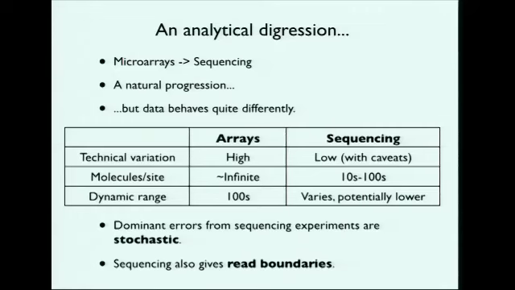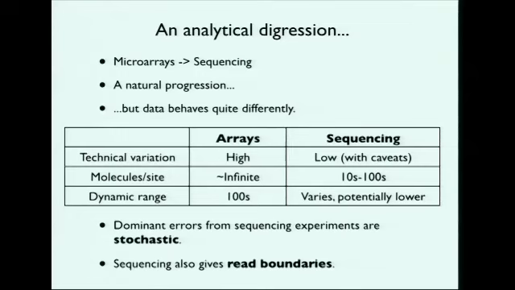One thing I would like to digress on very briefly is that we're seeing the end of the transition from microarrays to sequencing platforms. It's very tempting to use similar analysis approaches, but I don't think this is always a great idea, even though it often does work reasonably well.